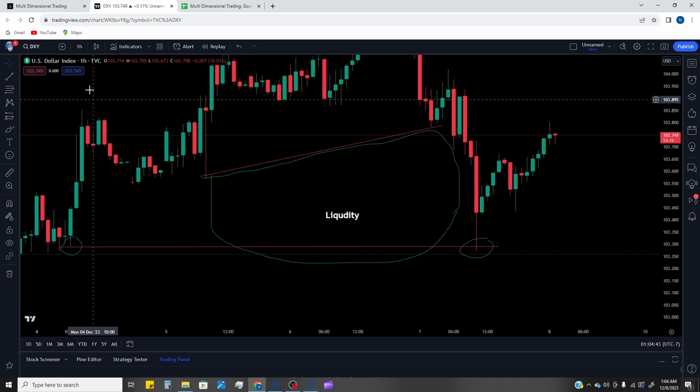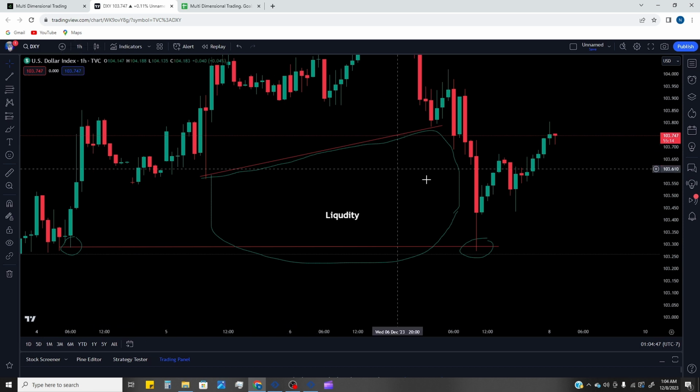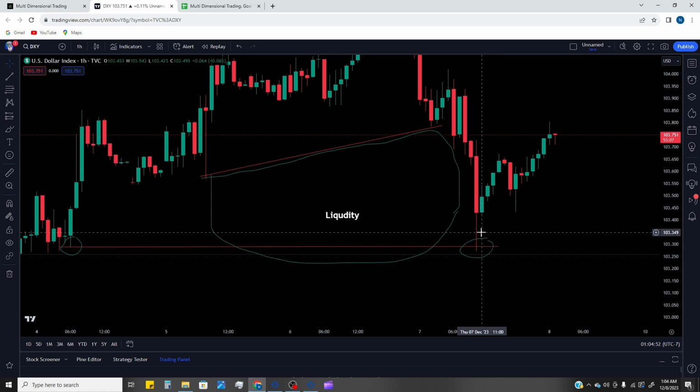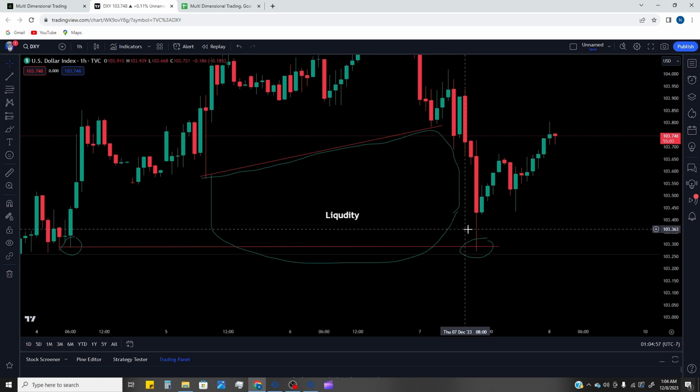And as you can see, we can go from the 1 hour all the way down to the 1 minute and find where liquidity is at across multiple time frames. Here at multi-dimensional trading, we are trading multiple dimensions. We are taking measurements of multiple dimensions.